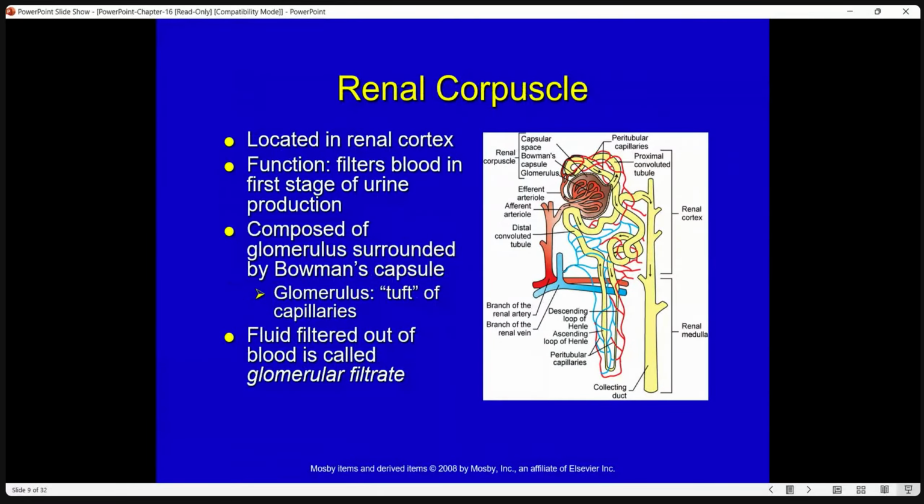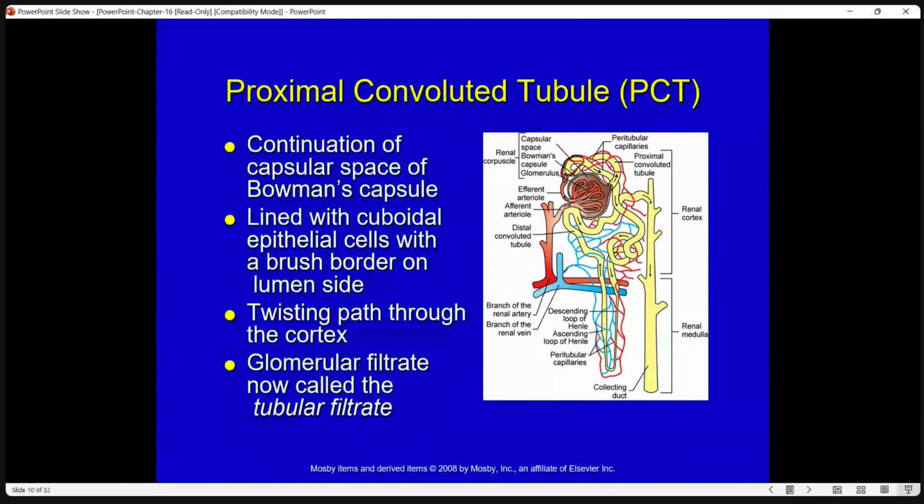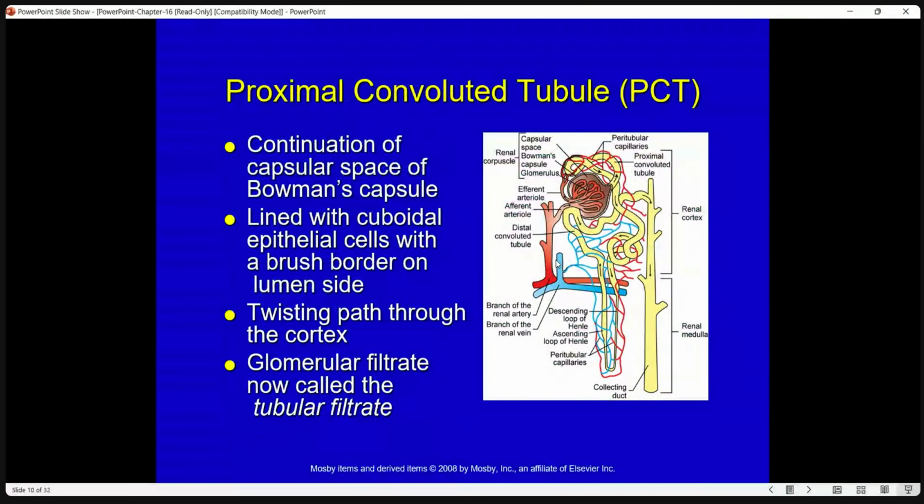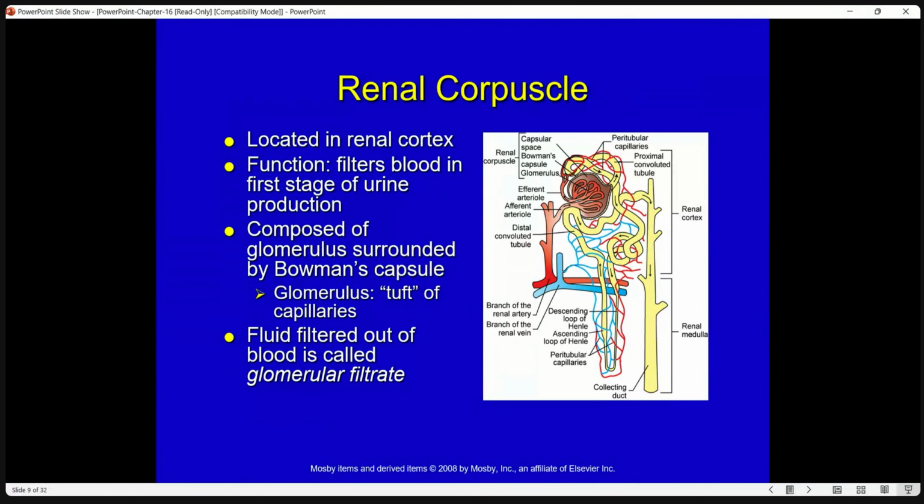Now let's discuss more into the nephrons. If you look at the nephron, just look at the picture. I believe I should be able to enlarge it a little bit.